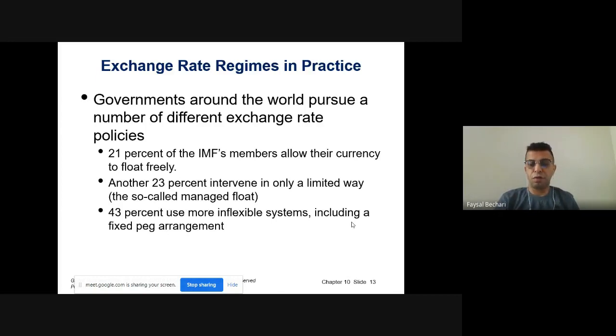And 43% use a less flexible system, including fixed pegged arrangements. So almost half of the countries use a fixed exchange rate or peg against certain currencies.